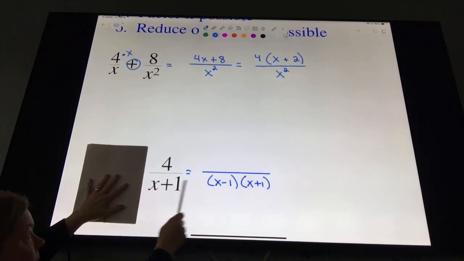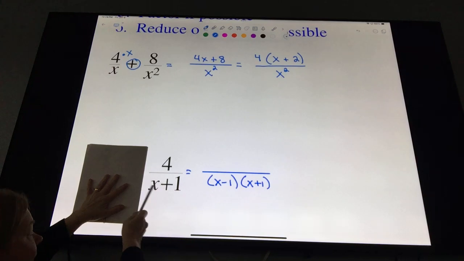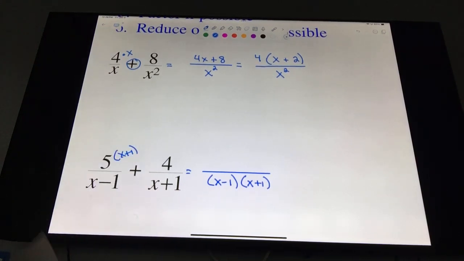So this one has the x plus 1, but it doesn't have the x minus 1. That's what we're multiplying by. So you're comparing the denominator to the common denominator, and you're multiplying by what's missing.